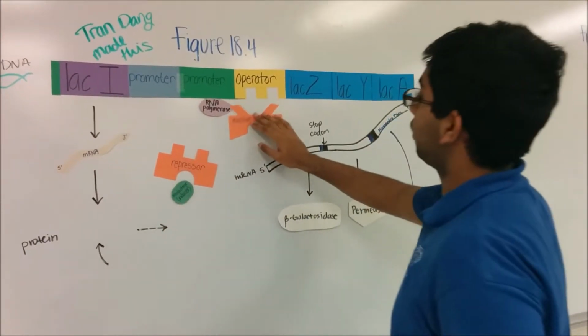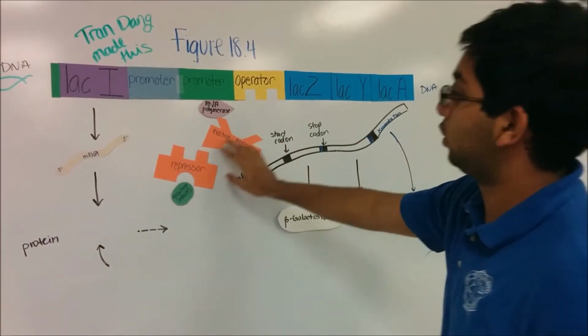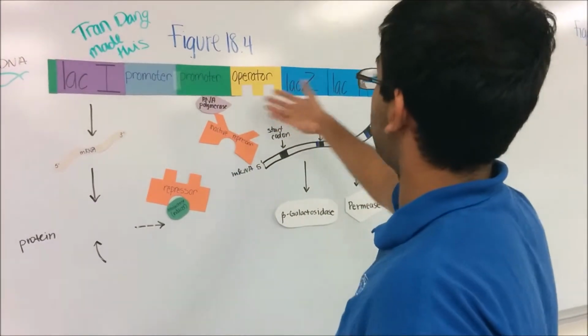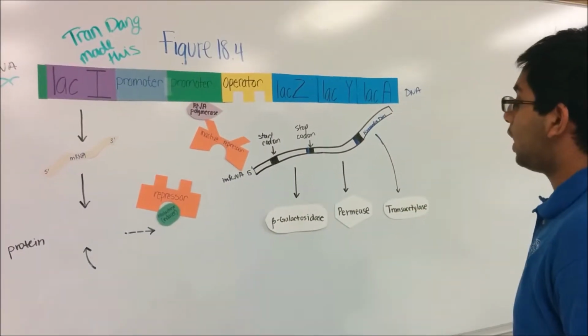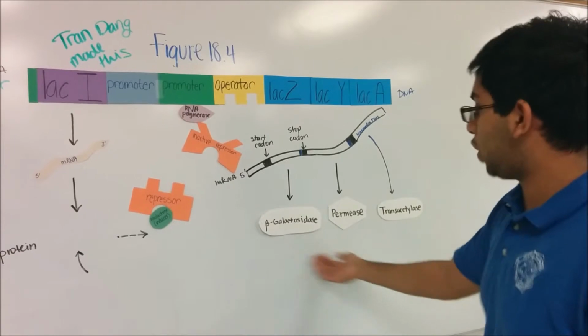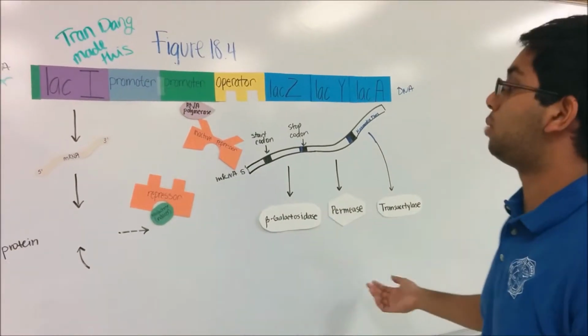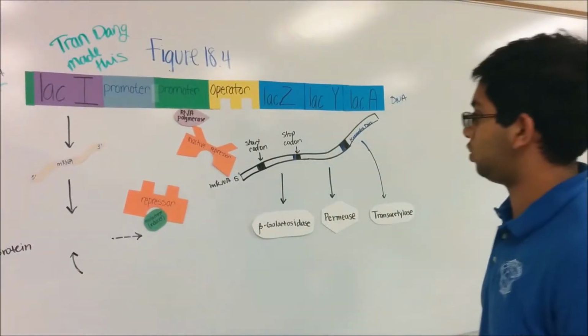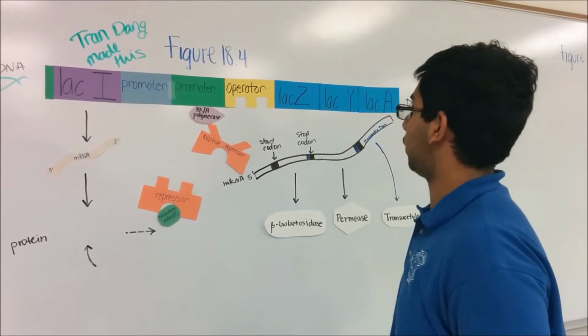And so when this happens, this repressor comes off, and there's no need for this. These genes are coded continuously, and then the lactose is able to be broken down into energy, which can then be harvested by the cell.